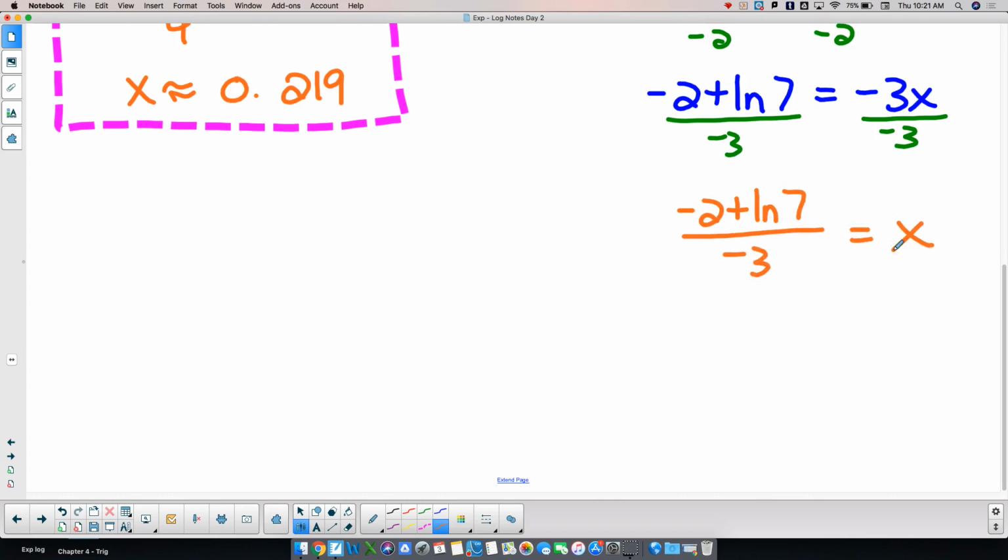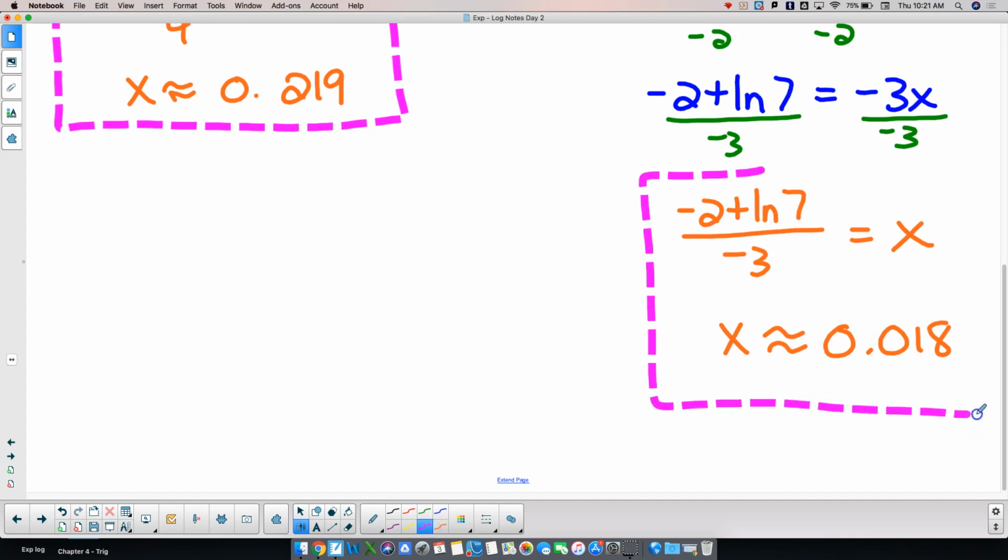That would again be the exact answer. And negative 2 plus the natural log of 7 divided by negative 3, 0.018, would be my approximate.